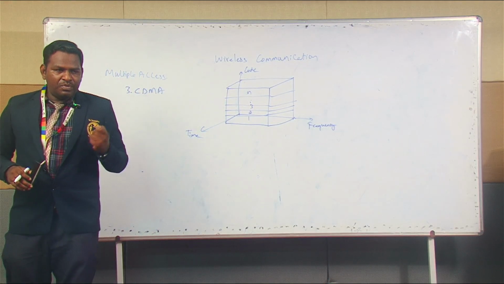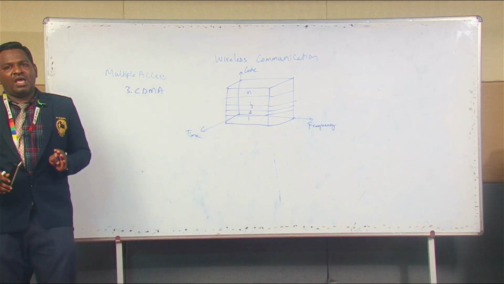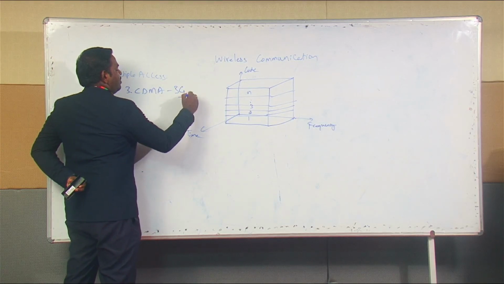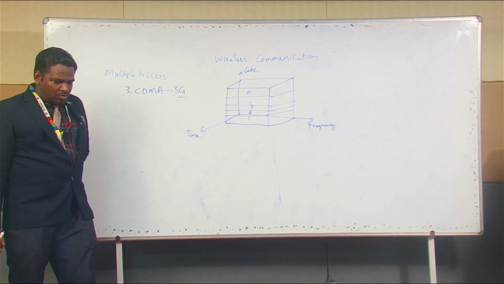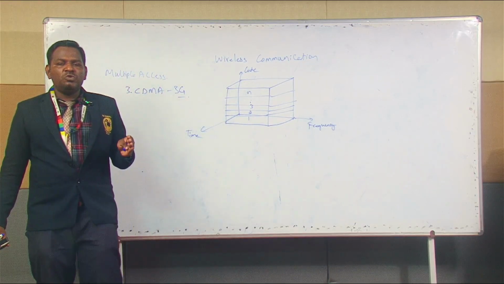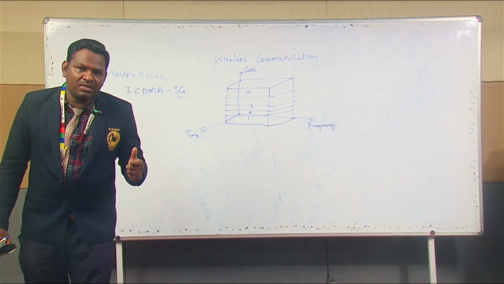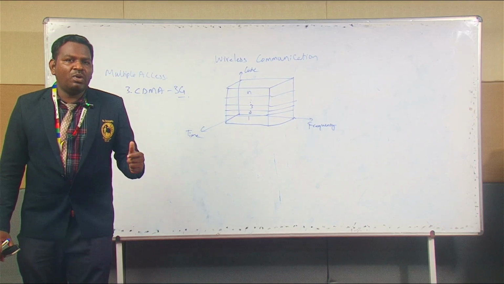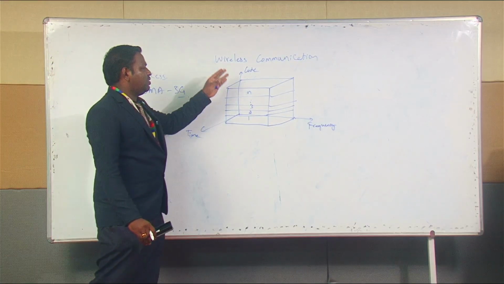So this is said to be code division multiple access. This comes under 3G. In 3G mobile phones, they use this technique for communication. The user can use the entire bandwidth and entire time duration, but they need to follow a particular code.